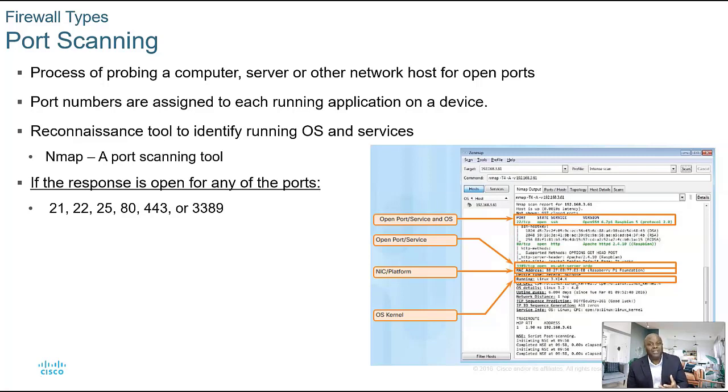If I walk up to you and say, port 80, you should tell me what port 80 is. You should know that. Port 443, these are critical ports that should be open or should be closed depending on your organization. Okay? So that's an important thing to look into.